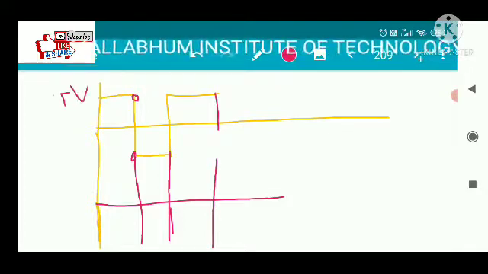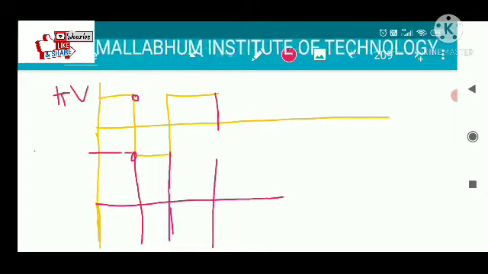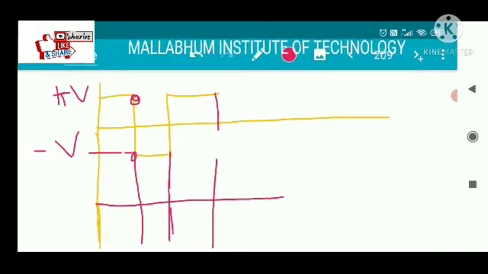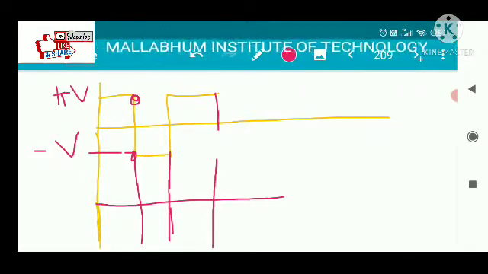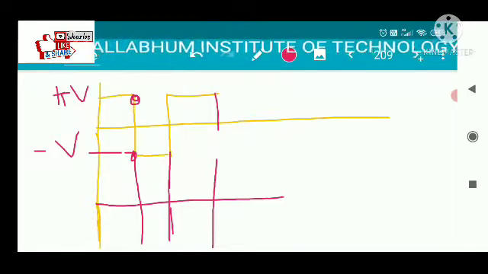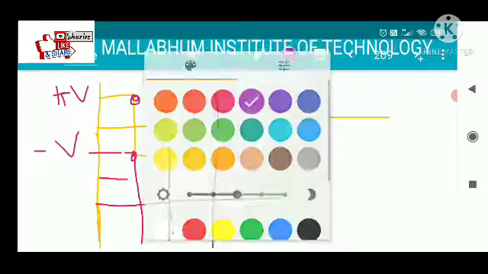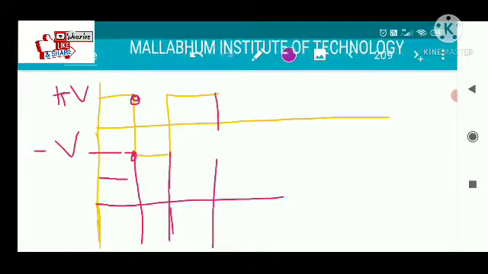So this is plus B and this is minus B. From plus B to minus B, it comes in no time, but theoretically this is not going to happen. So what happens now is that this is the signal, and now it comes out to be like this.